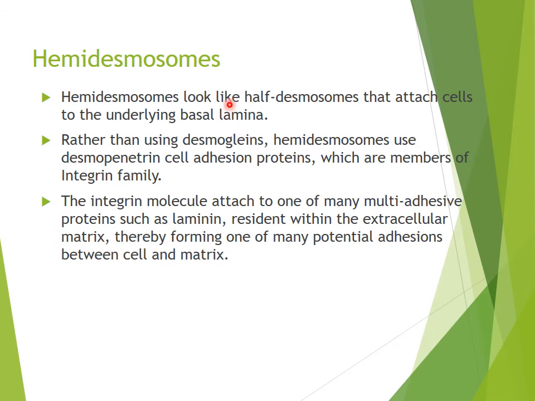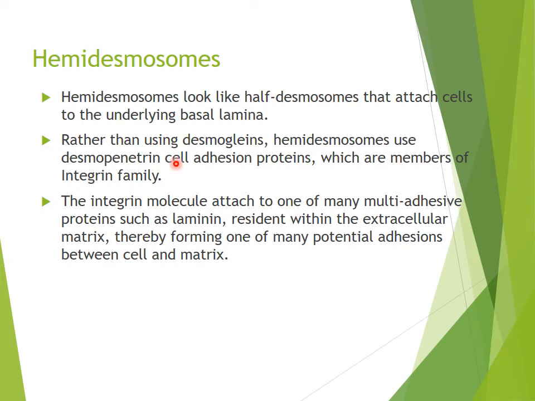Now, the hemidesmosomes. The hemidesmosomes are also a form of the adherens junctions. They look like half desmosomes that attach the cells to the underlying basal lamina, so they connect the basal surface of the epithelial cells to the basal lamina.